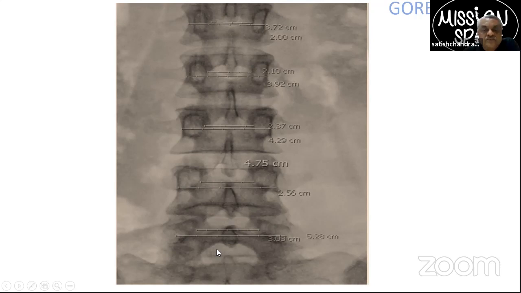If you go down, this distance between the pedicles is 3.03. So this distance would be about 15 millimeters. And if you want to measure the distance from the lateral pedicle line to the lateral pedicle line, in L4 it is about 4.7, and in L5 it is about 5.2. So now we go to the next picture.